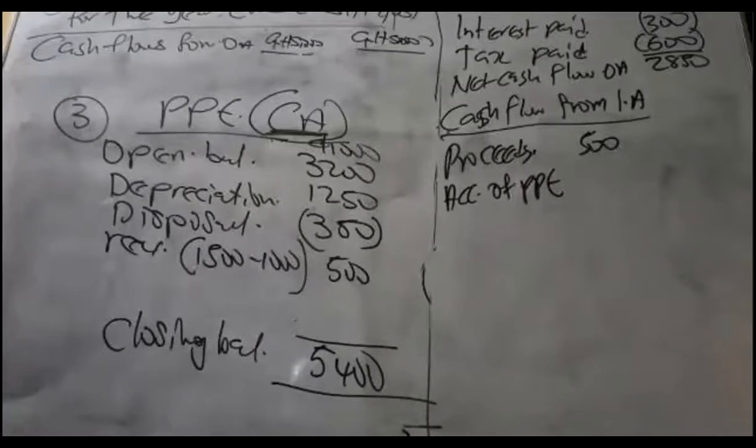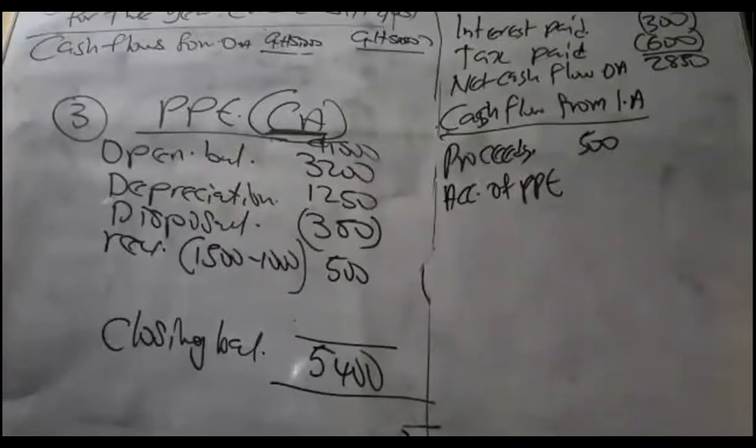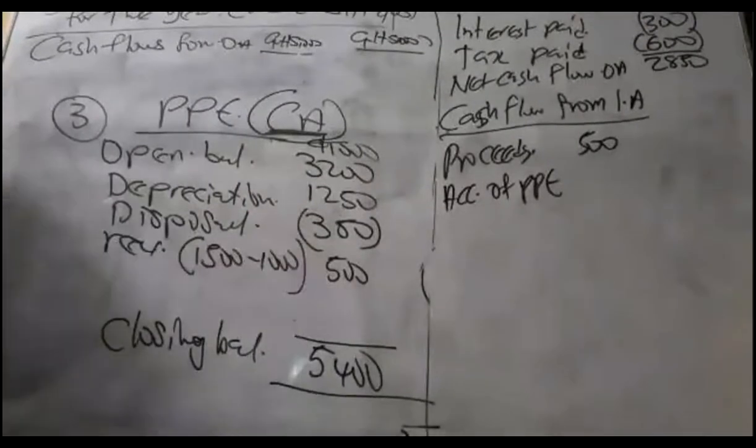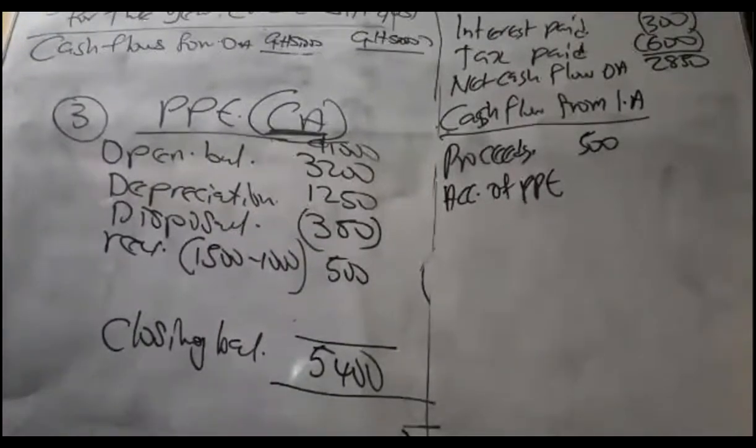Okay. So if you add 3,200, and take 350 from 1,250, that is 1,900, then 4,100, plus 500, that's 4,600. So what should we add to 4,600 so that we can get 5,400? We should add 800 there.